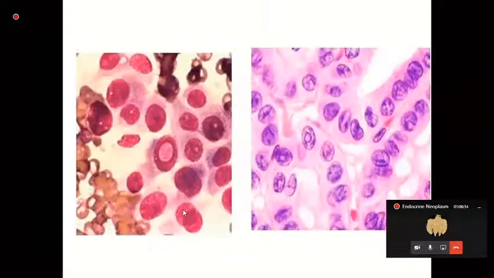What do you see here? This is a high magnification of the cytology. This is the cells. What is inside the cells? What are these?